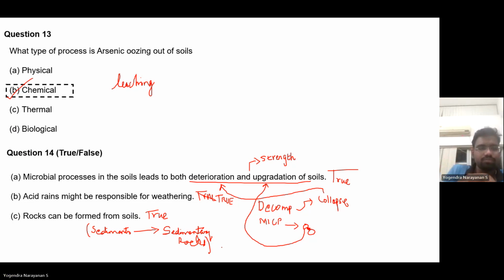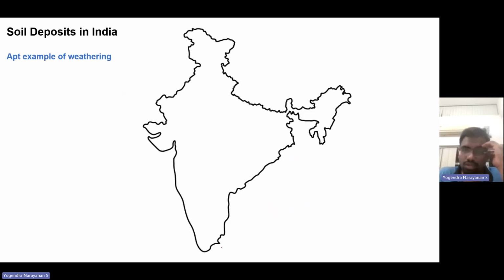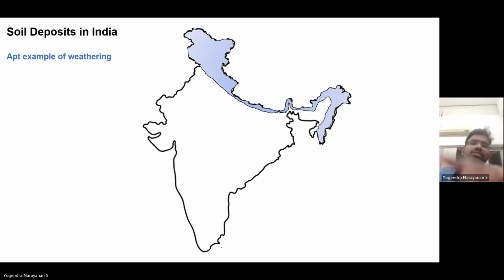So this very apt example of weathering is the whole soil deposits of India. If we consider this is the map of India, this part, essentially the northern part, Himalayan belt, are essentially glacial deposits, which most of the years are covered by ice.